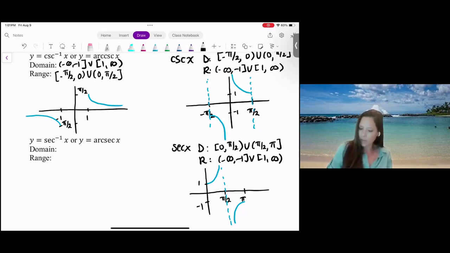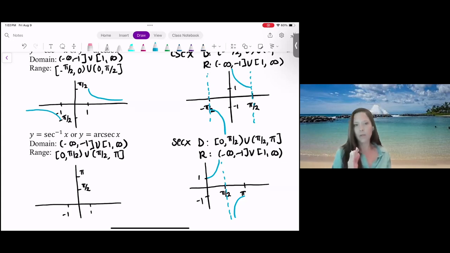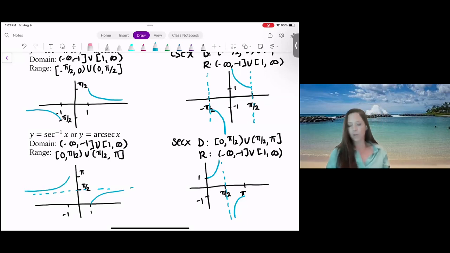Our domain is then going to be from negative infinity to negative 1 in union with 1 to positive infinity, and our range is going to go from 0 to pi over 2, have that asymptote up to pi. The vertical asymptote at pi over 2 is now a horizontal asymptote. And we have that gap from negative 1 to 1. And we go from 0 up to pi with that split.